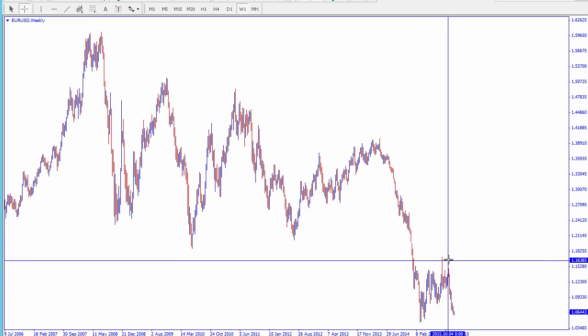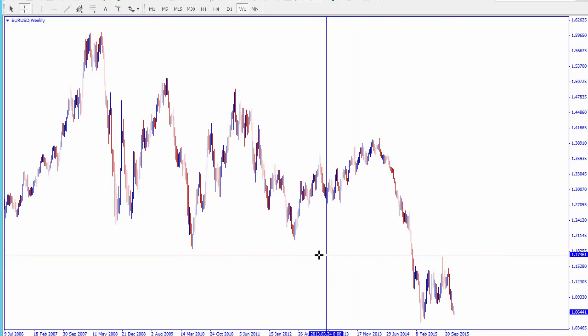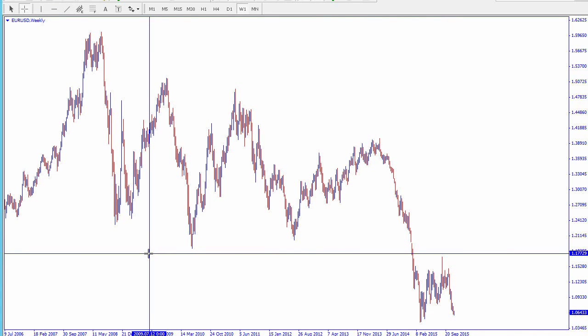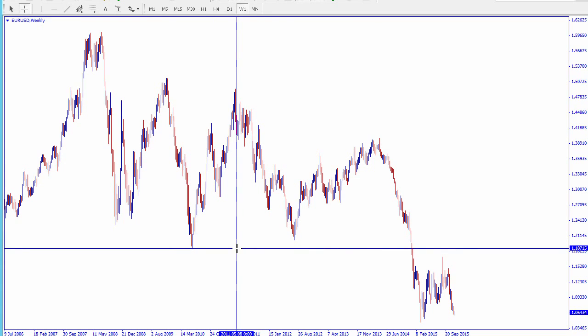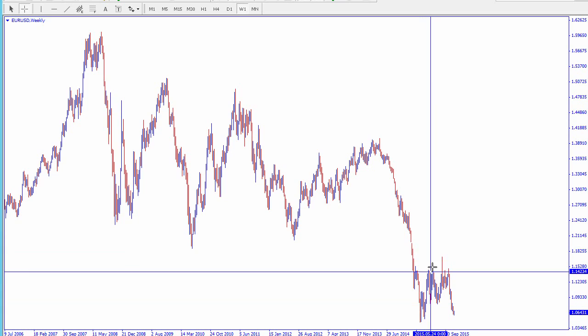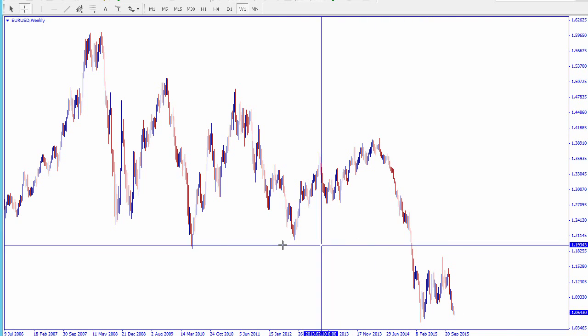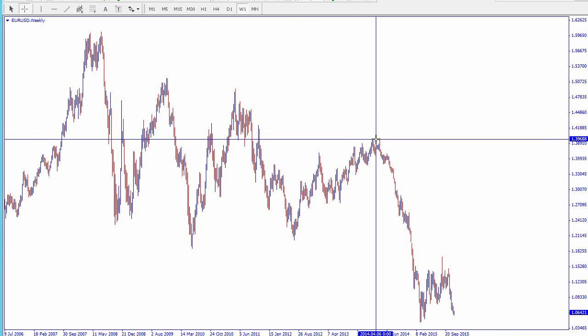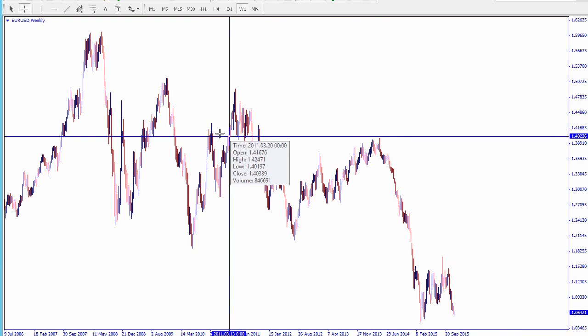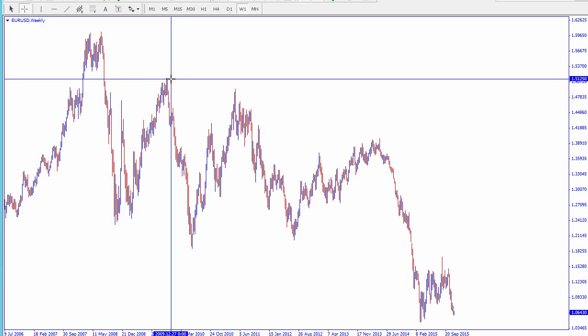Look at the highest time frame and see what has happened in the past. I like to look at all this data from the past, and the markets can tell us a lot.